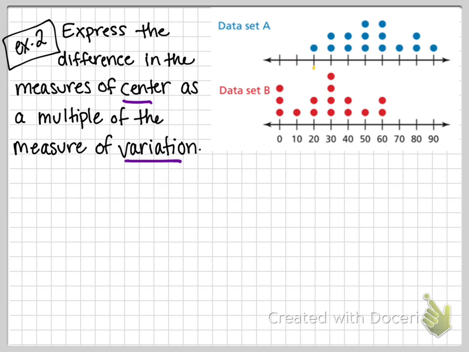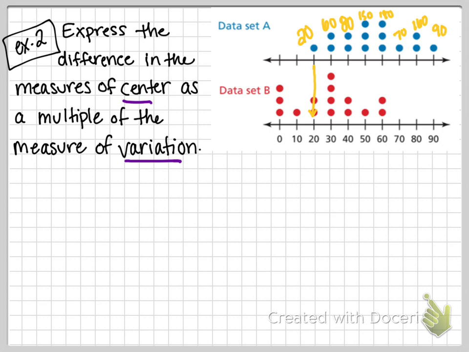For data set A, we've got one value at 20, two values at 30, so 60, two values at 40, which is 80, three values at 50, 150, three values at 60, 180, one value at 70, two values at 80, 160, and one at 90.